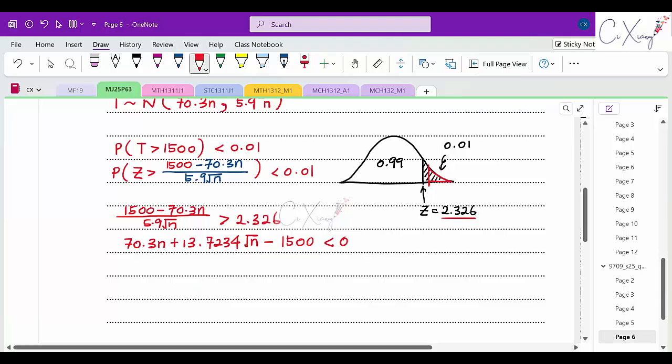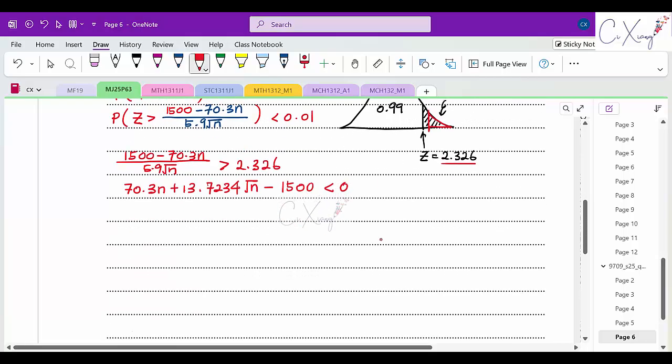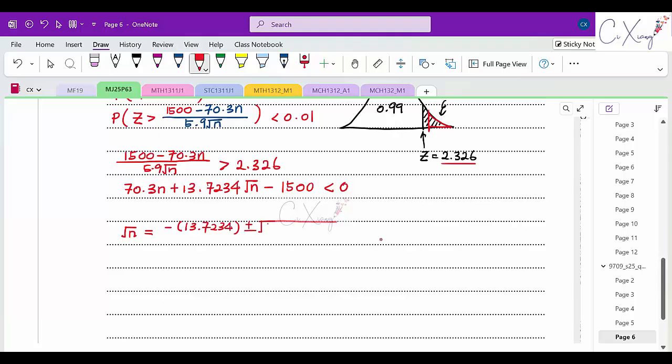From here, you can see that you are getting a quadratic form inequality, right? To solve the quadratic inequality, you might need to draw the number line. But before that, I have to find the value of square root n first. So what is the value of square root n? You basically have to use the quadratic formula: negative b plus minus square root of b squared minus 4ac, all divided by 2a.